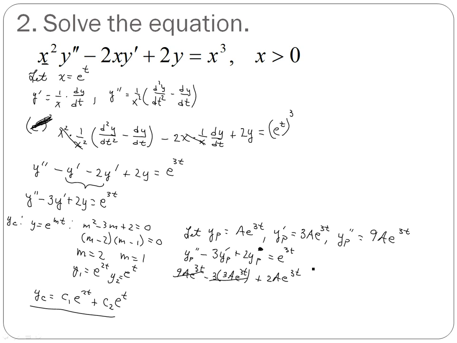Those terms cancel each other out. And so the only term I'm left with is this 2a e to the 3t. Which means that 2a has to be equal to the coefficient of my right side term. 2a has to equal 1. And a is 1/2.